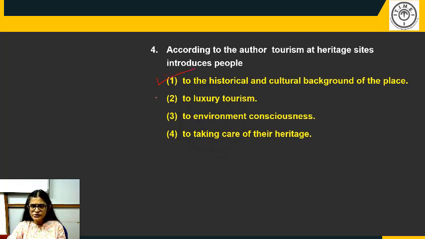Luxury tourism, no. Environment consciousness, not mentioned. To taking care of their heritage, that is different. We have to take care of our heritage, but when they say introduces people, they are talking of tourists. It introduces people or tourists to the history and culture of the place. So this is also not correct. Our answer is option 1.